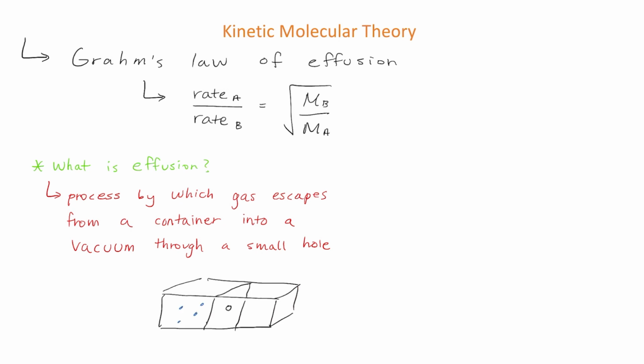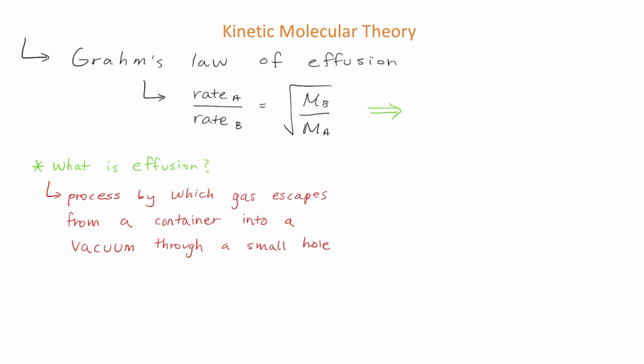One side is full of gas and the other is just an empty vacuum. Now there's a wall separating these two sides, but it has a small hole in it, which means the gas particles can go through the hole and escape into the vacuum. Effusion is the rate at which those gas particles are escaping through the hole.